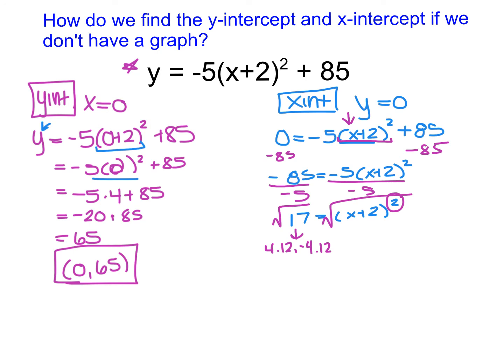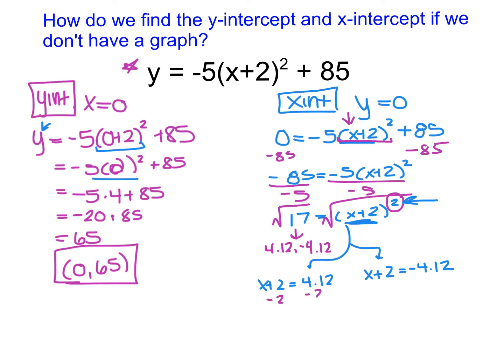So I'm noting that there's going to be two values for x here, because there are two values that when squared result in 17. And we can find those by creating two little mini equations. So we have x plus 2 could possibly equal 4.12, and x plus 2 could possibly equal a negative 4.12. So that's what could happen here. If x plus 2, whatever that is, is equal to 4.12 or negative 4.12, when squared it will produce 17.